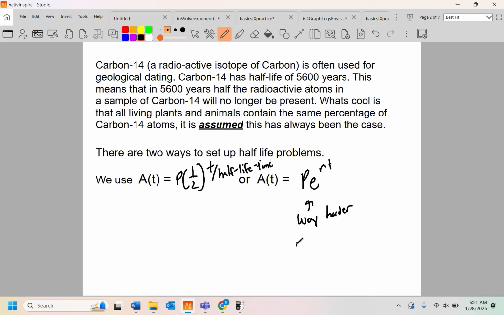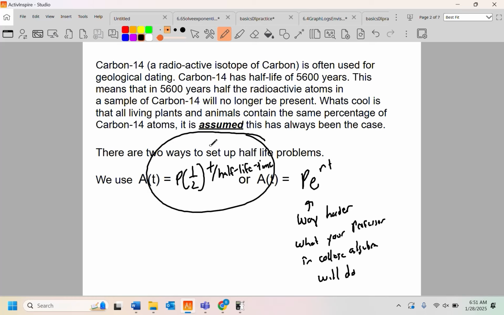And for some reason, it's what your professor in college algebra uses. I don't know why they do that. But anyways, I'm not trying to kill anybody. I'm going to do this one. It's the easiest form to use.